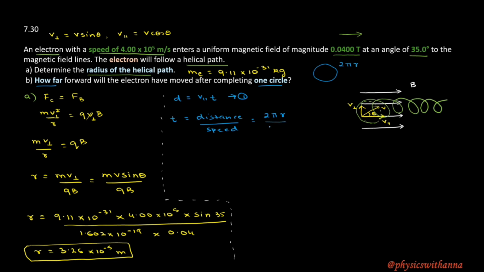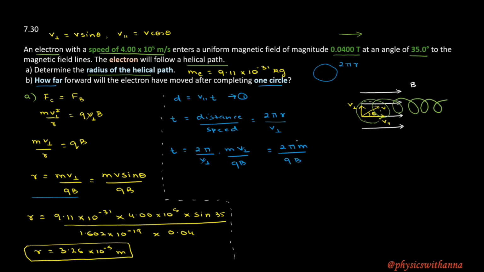So we write the speed as v perpendicular. Radius of the circular path we can substitute from the expression that we calculated before. I will substitute r as this. So we get t to be equal to 2 pi over v perpendicular, and r we can write as m v perpendicular over qB. Now cancel off v perpendicular from here. We get the time to be equal to 2 pi m over qB.